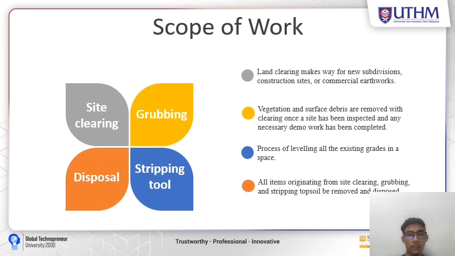Grubbing is where vegetation and surface debris are removed with clearing once a site has been inspected and any necessary demo work has been completed. Next is the stripping topsoil, which is the process of leveling all the existing grades in the space. And the last part is the disposal, where all items originating from site clearing, grubbing, and stripping topsoil must be removed and disposed.